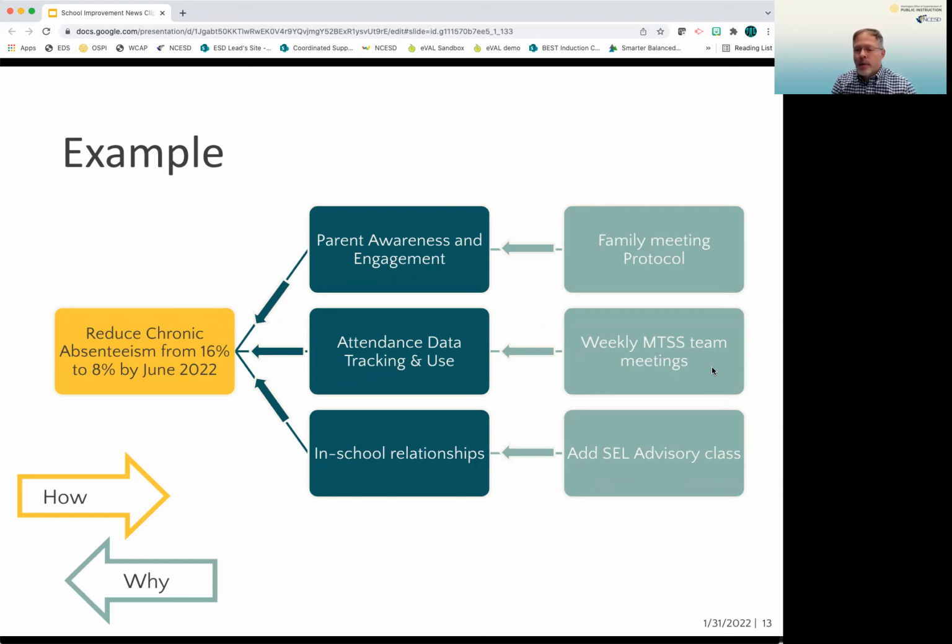In this example, the theory of learning expressed by the driver diagram might go something like this. The how. If we want to reduce chronic absenteeism from 16% to 8% by June 2022, then we need to build parent awareness and engagement. We can impact parent awareness and engagement by implementing a family meeting protocol around student attendance.